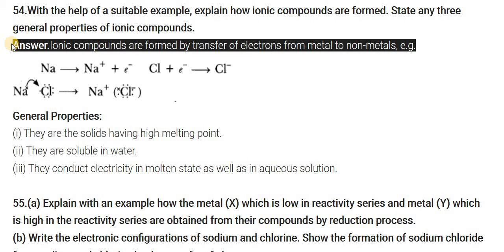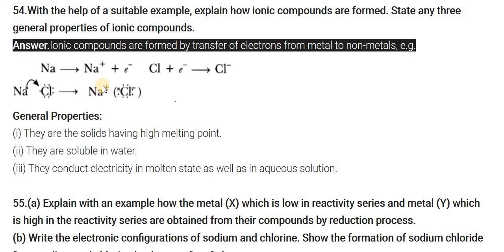For example, NaCl. Na possesses a positive charge because the atomic number of Na is 11, so the electronic configuration is 2, 8, 1. So sodium donates 1 electron, and the configuration of chlorine is 2, 8, 7. This 1 electron lost by sodium is gained by chlorine, and in this way both their outer orbits are fulfilled.